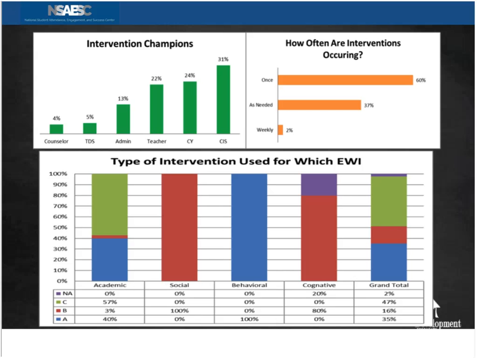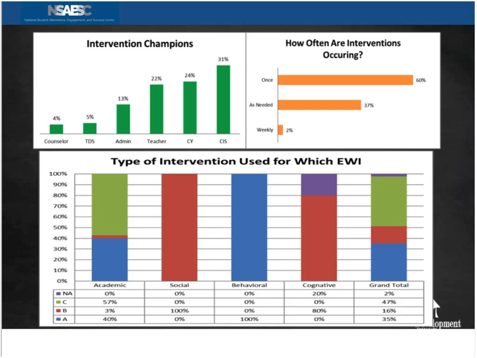And then the graph at the bottom talks about what type of interventions were used for which early warning indicator. And it starts to say, did it make sense for, I'll use the first example, where they have the majority of green, 57%. The actual EWI was related to academics. So they used an intervention that was related to their coursework, which made sense.